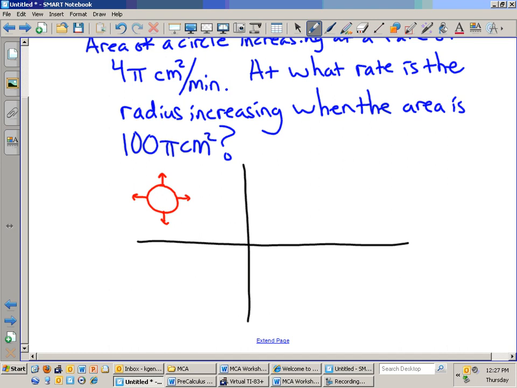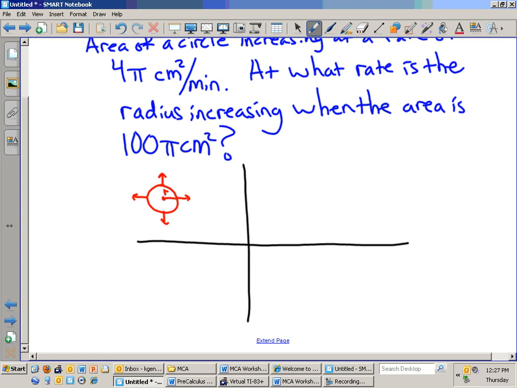That's what's happening. We have a radius. We obviously have area. Let's list our knowns and maybe even our unknowns.